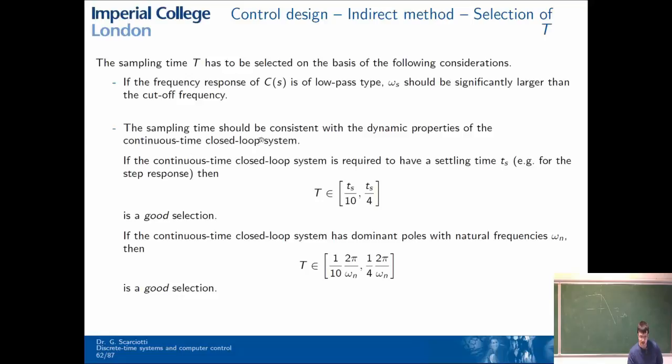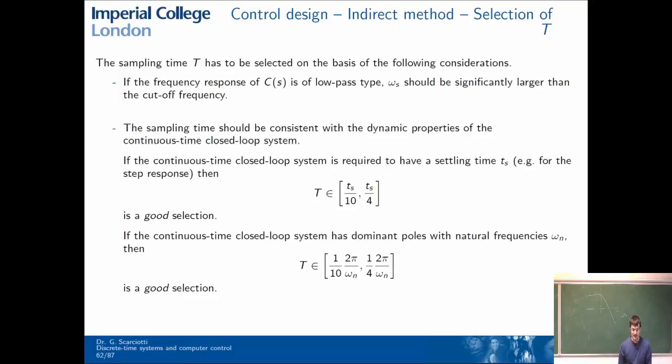Other rules that you can follow are the following. So the sampling time should be consistent with the dynamic properties of the continuous time closed loop system. So if your closed loop system is a chemical plant in which the reaction happens in hours, then there is no point in selecting a sampling time that is a millisecond because everything is extremely slow, okay?